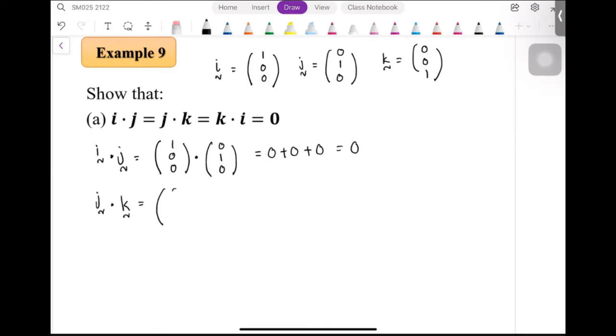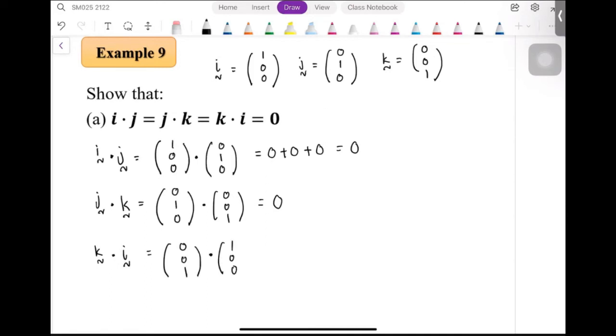So we would have 0, 1, 0 dot with 0, 0, 1. So our answer here is still 0. And last one, k dot i. So we have 0, 0, 1 dot with 1, 0, 0. Our final answer will be 0. And this is basically how you show it for this question.